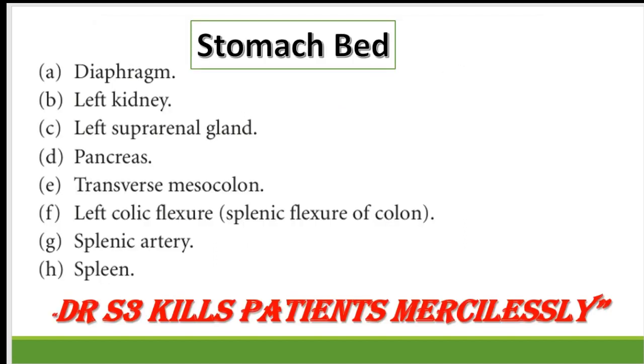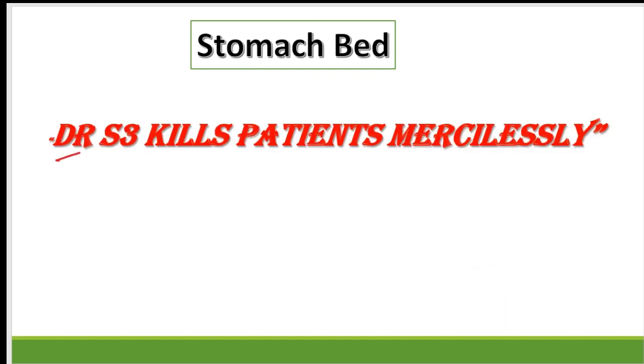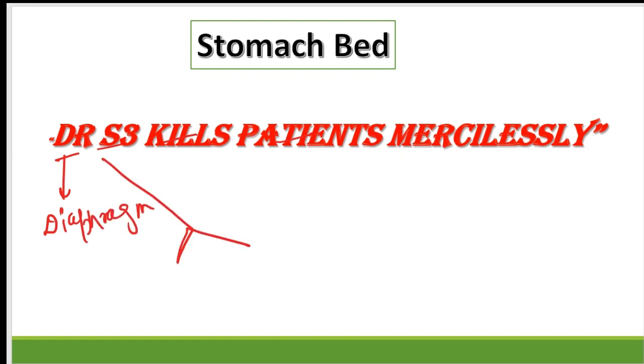Now let's see the trick for the stomach bed. The trick is: Doctor S3 kills patient mercilessly. So what about the doctor? Doctor represents the diaphragm. S3 represents three parts. The first part is the splenic artery.